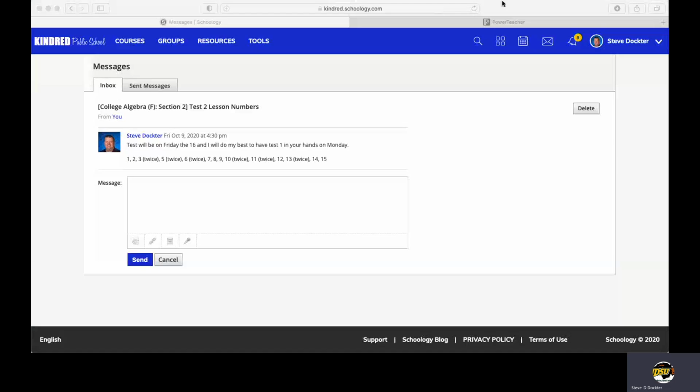Really what this says is lessons 1 through 15, except for lesson 4, right? I did say in there that lesson 3 has 2 problems. Lesson 5 is 2, 6 is 2, 10, 11, and 13. There are 2 problems on the test from each one of those.